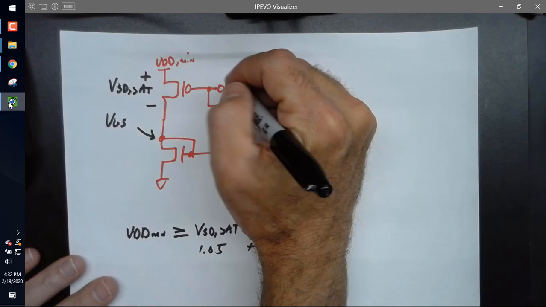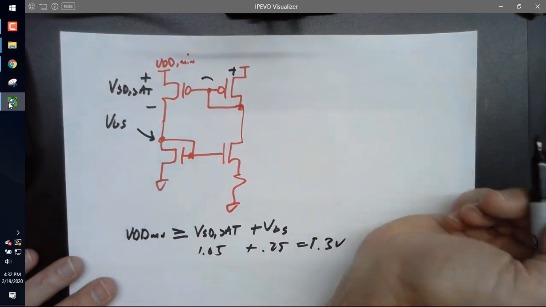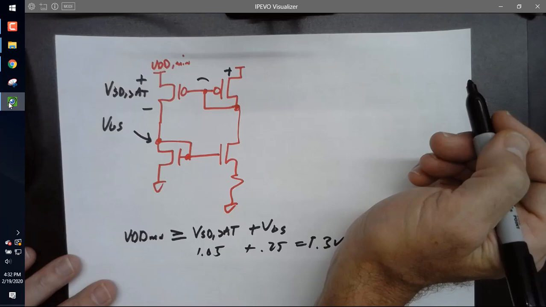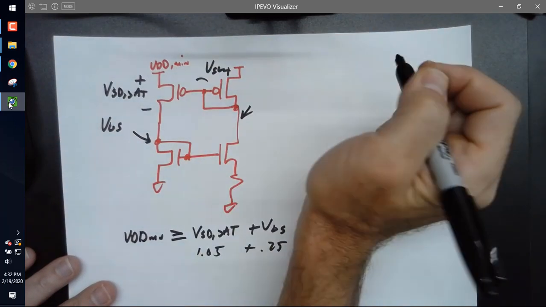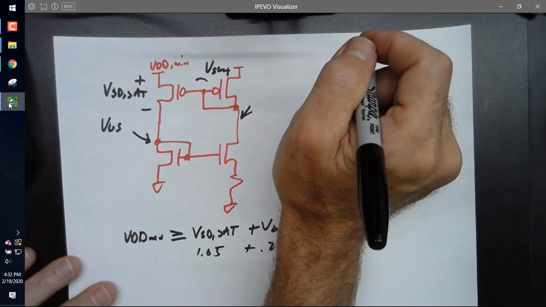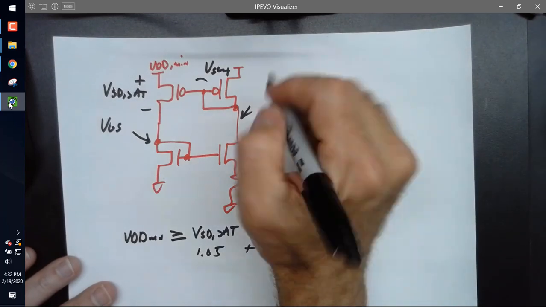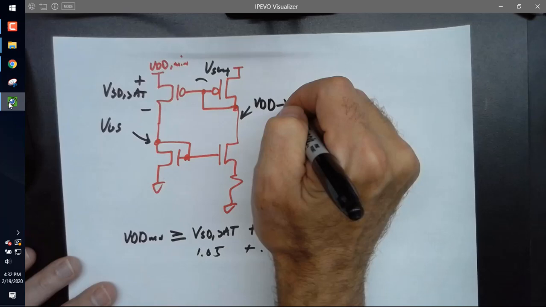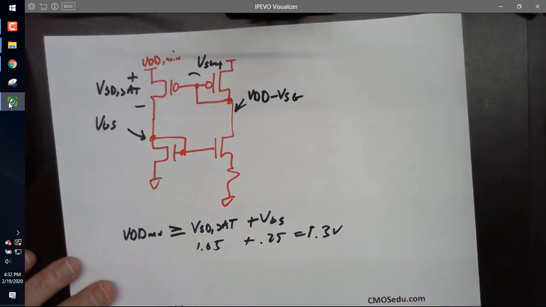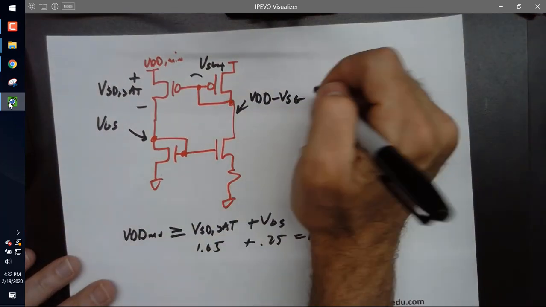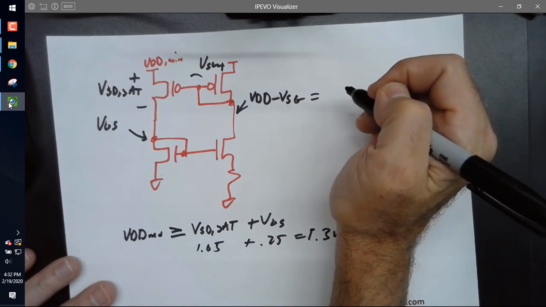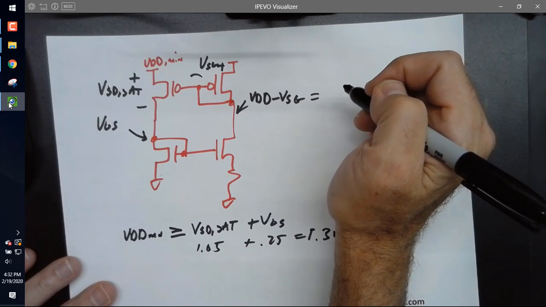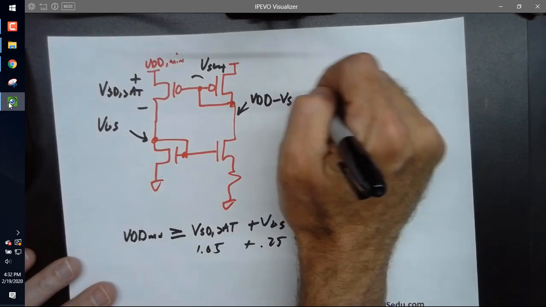Now what is it here? What's this voltage? VSG. So what is this voltage? Correct? And that's equal to what? Yeah, we just leave it like that.